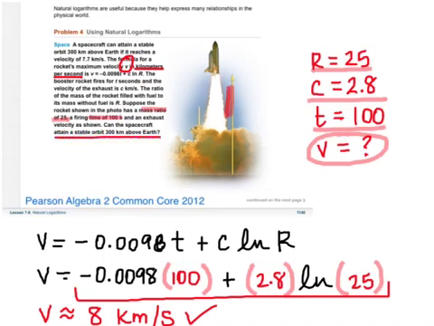If you look back at the beginning of the question, it says a spacecraft can attain a stable orbit 300 kilometers above the Earth if it reaches a velocity of 7.7 kilometers per second, and it just reached one of 8 kilometers per second. So since that is greater than the 7.7, the answer is yes, it can attain a stable orbit 300 kilometers above the Earth.